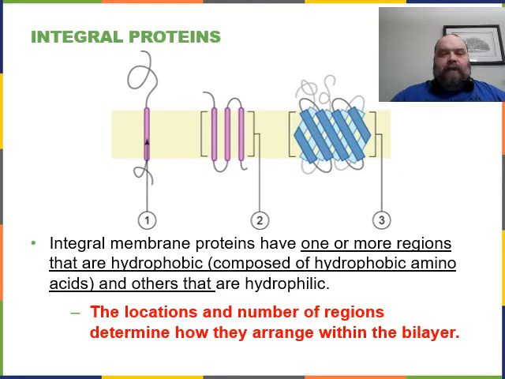What's interesting about the integral proteins, we see that they do have some commonality across whatever they are, whatever they're doing. They have a certain aspect to them that we see right here. One there, three here, quite a few there. This is going to be a region of amino acids that are extremely hydrophobic.